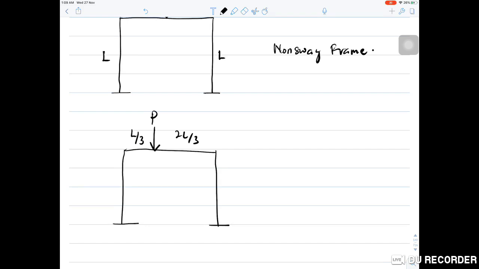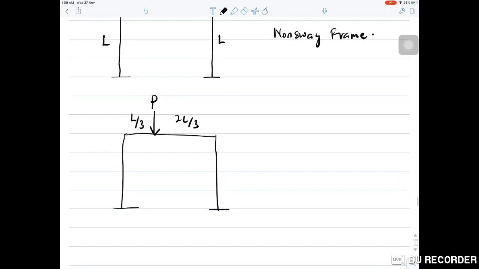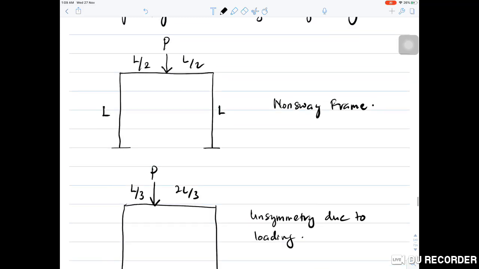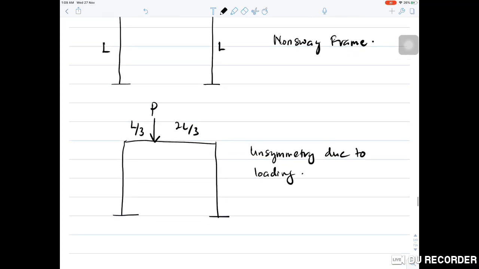So this frame is unsymmetry due to loading. Even though the geometry is symmetry, it is unsymmetry due to loading. So this is a sidesway frame.